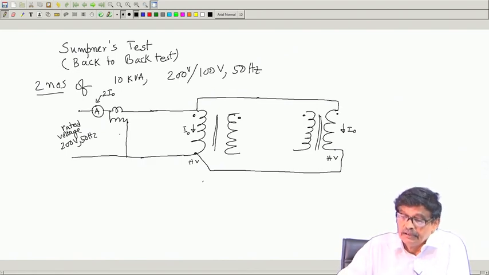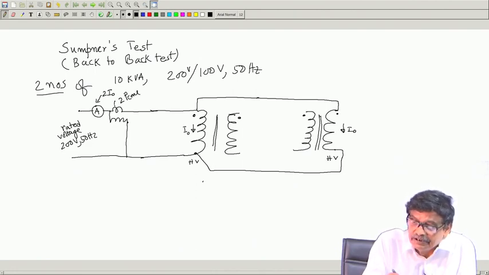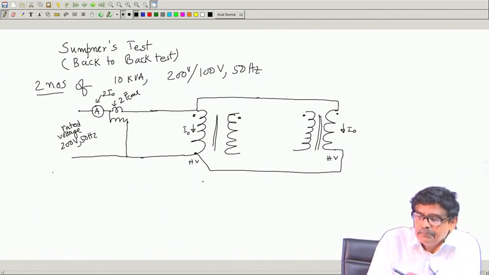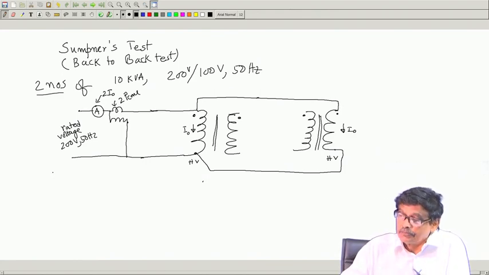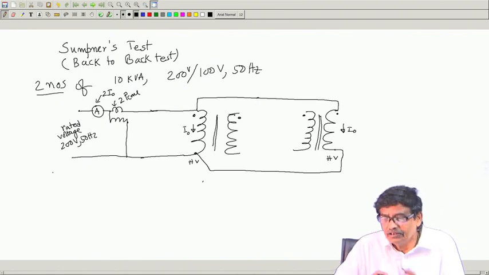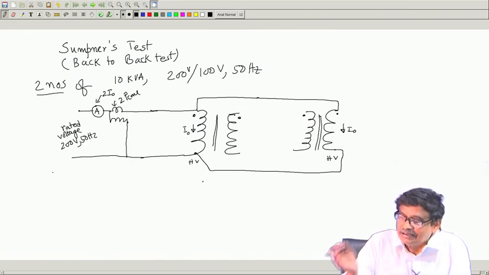Therefore, it will read 2 times the core loss, and the ammeter will read 2 times the no load current. It is almost like an open circuit test, secondaries are open.